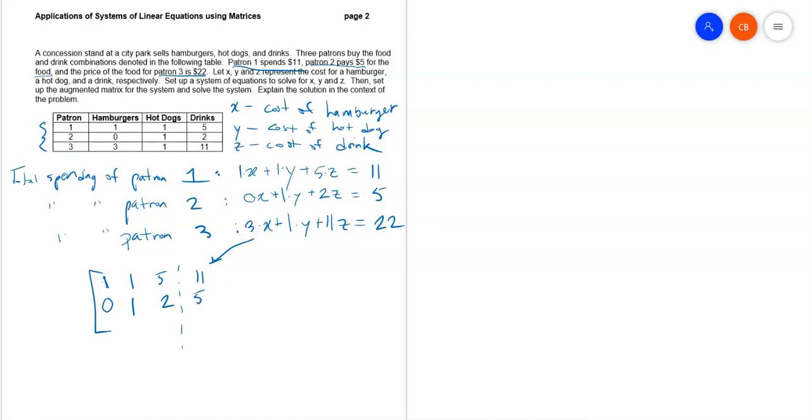And then for the third equation we have 3x, we have only 1y, and then we have, in this case, 11 z's, and this will eventually equal 22. So here we have it. This is going to be the matrix that we're going to use to solve this one, and now it's just going to be a matter of solving it.